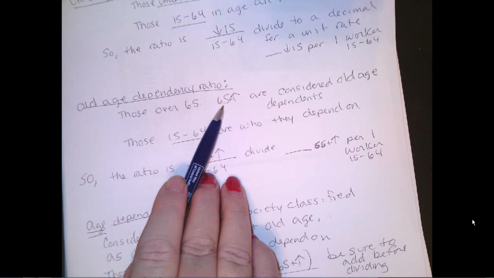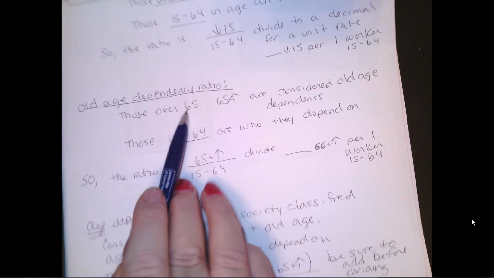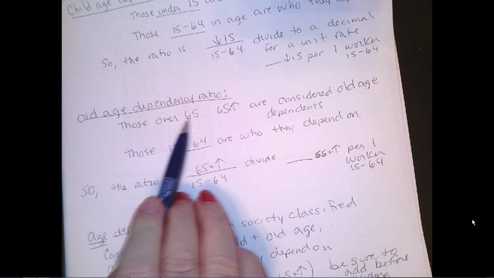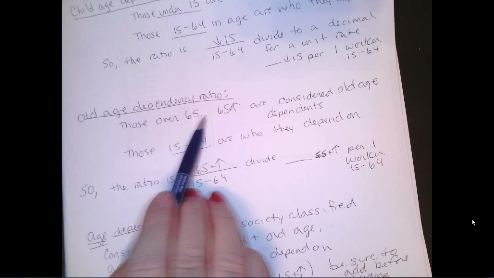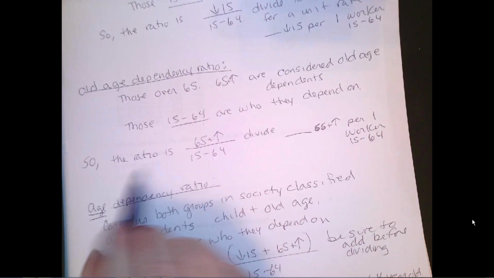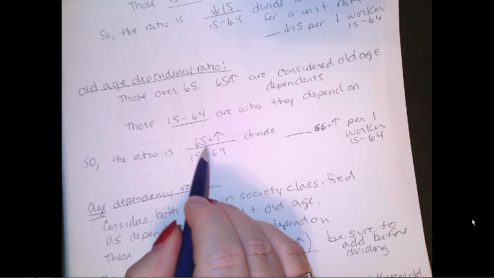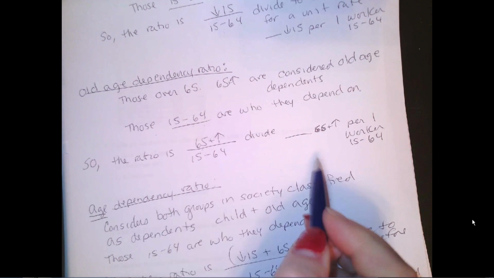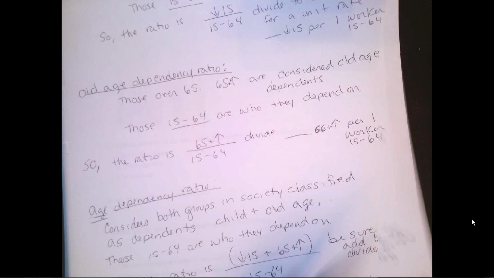We're in trouble now because we have a larger portion of this than this. We can't fund them. That's why they are moving the retirement age for Social Security up to 70 for most of us. So the ratio would be those 65 and over, and you divide it by the 15 to 64-year-olds.